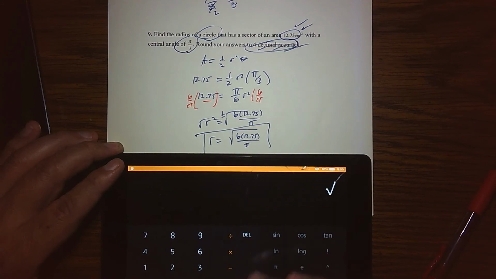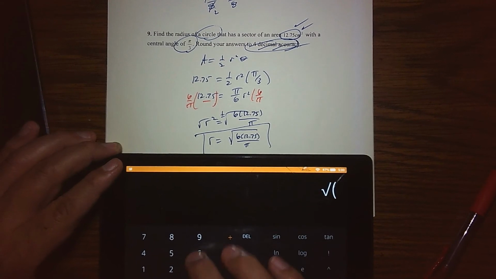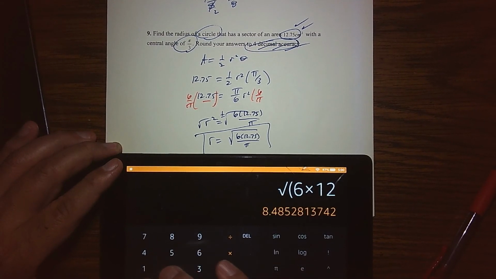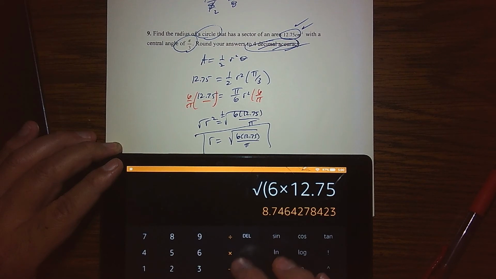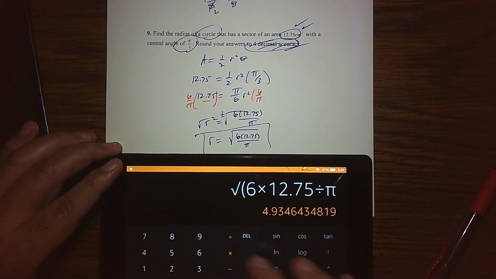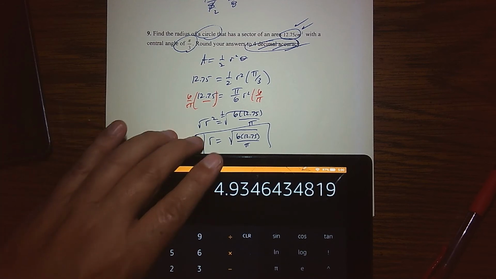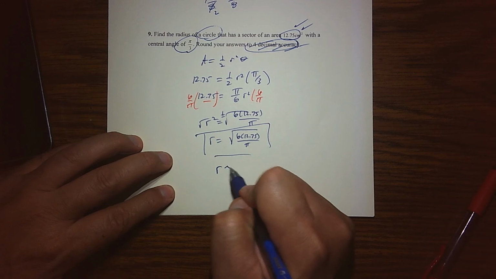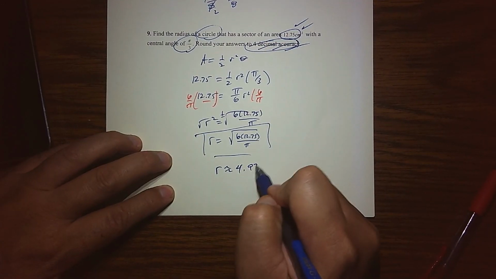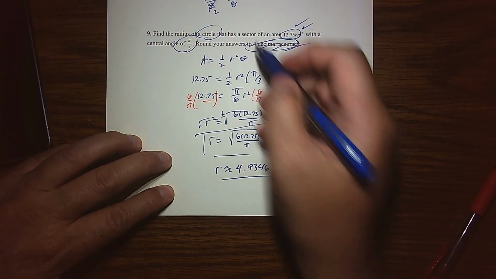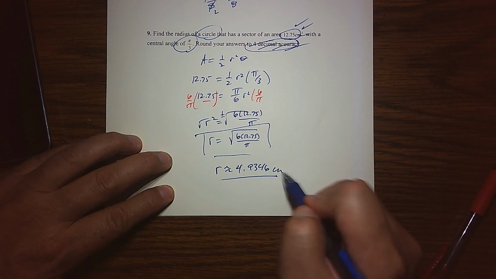So square root, parentheses, 6 times 12.75, and we're going to divide that by pi, and let me close my parentheses. So that should give us a pretty good value: 4.9346. So r is roughly 4.9346, and this would be measured in centimeters.